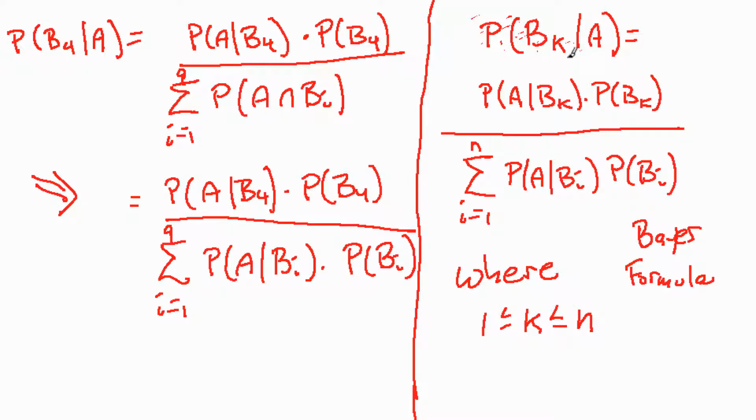So you could ask the question, what's the probability I picked urn 3 given that I saw a blue ball? Or what's the probability that I picked urn 1 given that I saw a blue ball? And using this formula right here, I can go ahead and calculate it. In fact, I could assume that there are 4 urns or 10 urns.